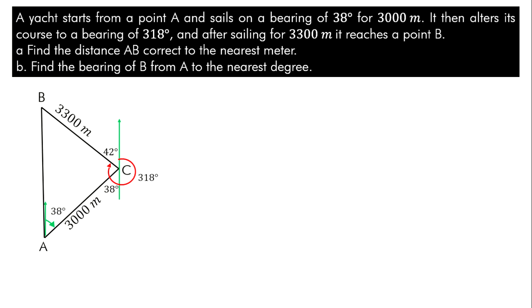Given that this is 180 degrees, this is 38 degrees, and this is 42 degrees. We know the total should be 180 degrees, since this forms a straight angle. So 38 degrees plus 42 degrees is 80 degrees, and 180 degrees minus 80 degrees is 100 degrees. So this one is 100 degrees.